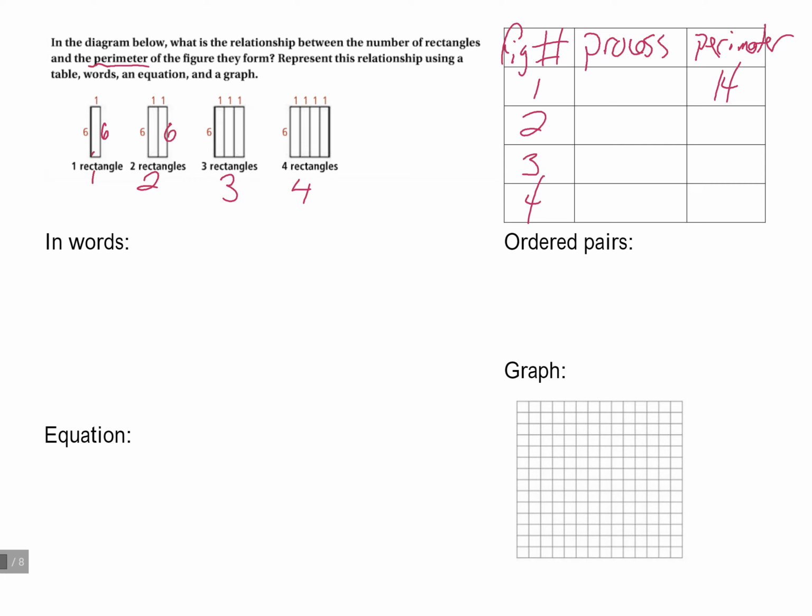On top, we have 1 and 1, and on the bottom, we have 1 and 1. So it's 1, 2, 3, 4, plus 12 on the sides. 4 plus 12 is 16. For the third one, we have the 6 and 6 again, so we got that 12 again. Then we have 1, 2, 3 on the top, 4, 5, 6 on the bottom. So we have a total of 12 and 6, 18.